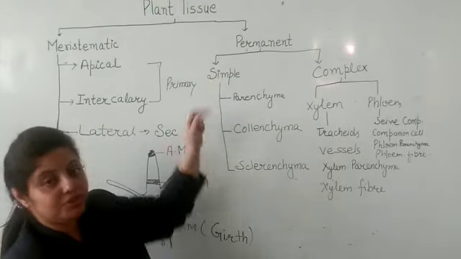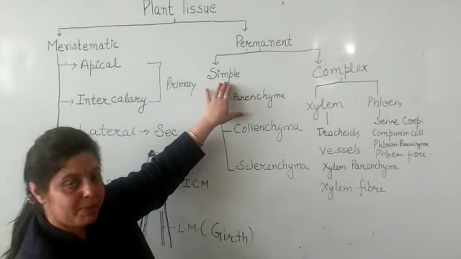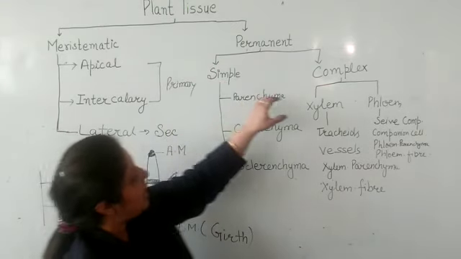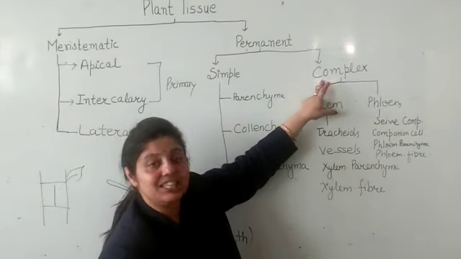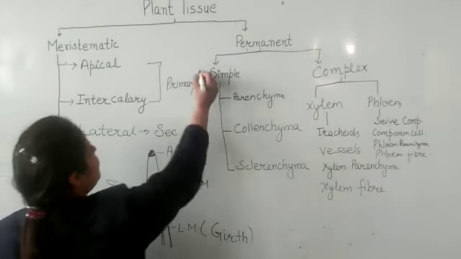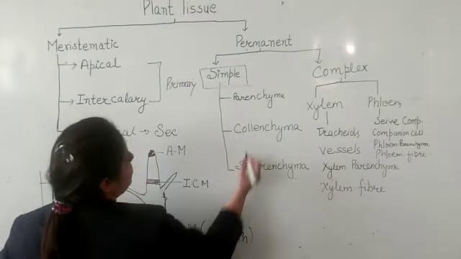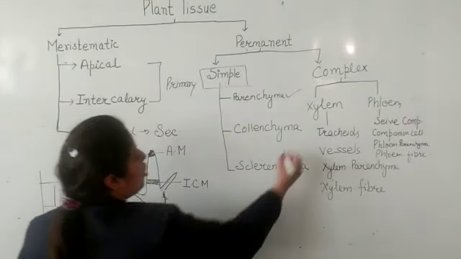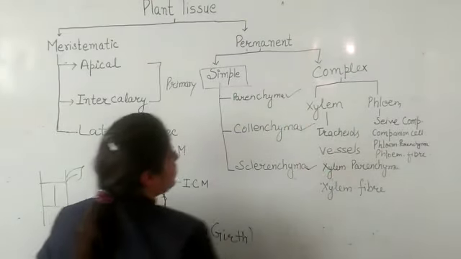Permanent tissue is further divided into simple permanent and complex permanent tissue. Now taking the simple one. Simple permanent tissue is further divided into parenchyma, collenchyma, and sclerenchyma.